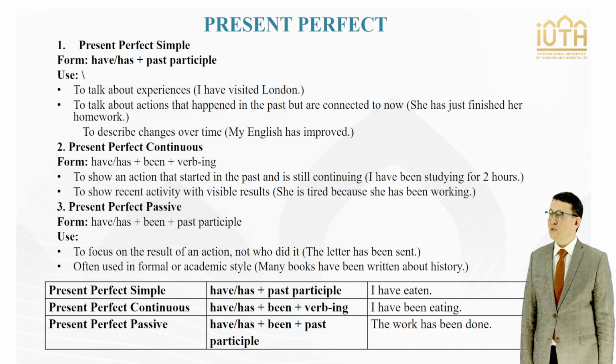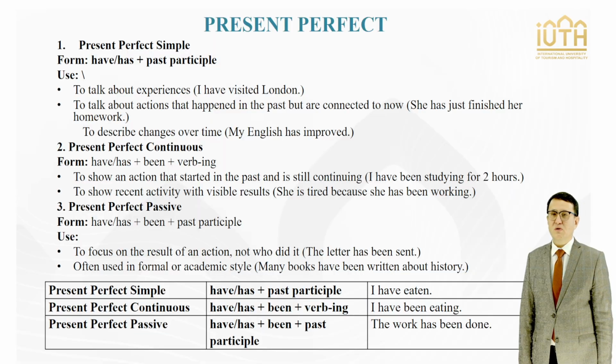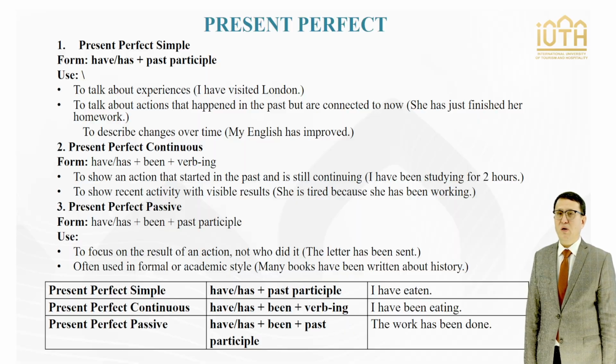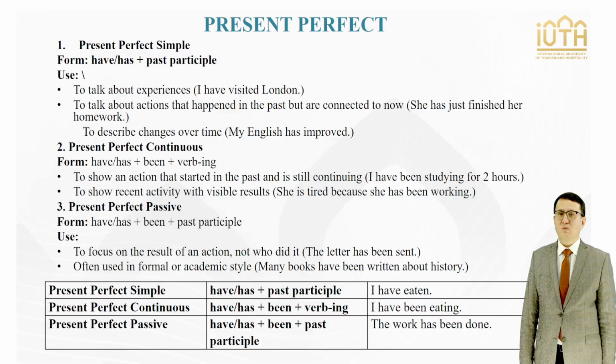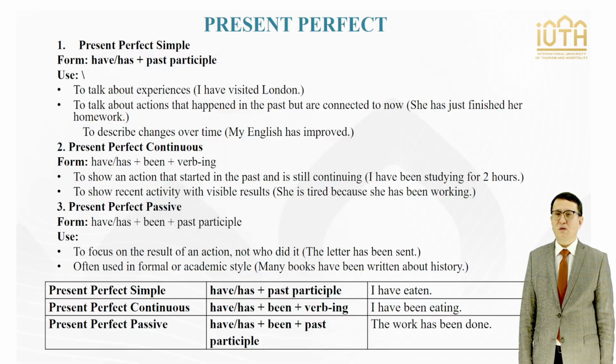The next one is present perfect continuous. In order to form it, we use have/has plus been plus verb plus ing. This tense is used to show an action that started in the past and is still continuing, and also to show recent activity with visible results.